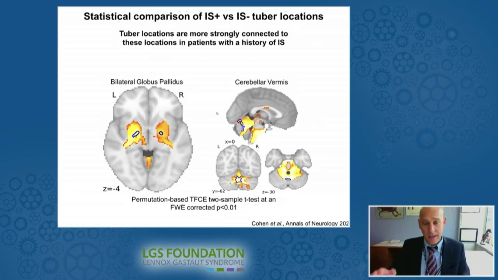And we did this test of conversion and found that these areas in yellow are statistically more connected to tubers in patients with IS as compared to patients with no infantile spasms. In other words, and the fact that it overlaps with our sensitivity means that these areas are both highly sensitive and highly specific for infantile spasms, in this case in tuberous sclerosis.